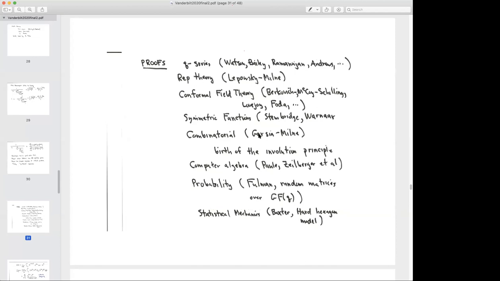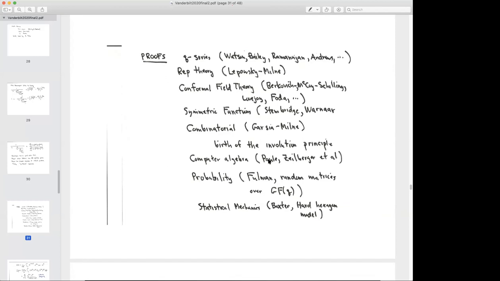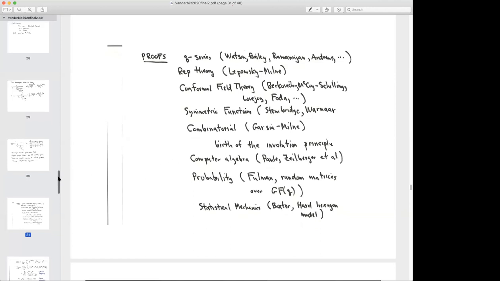There's a combinatorial proof of Garcia and Milne that was the beginning of what's called the involution principle, but it's not a direct proof. Computer algebra proofs, probability proofs, random matrices over a finite field, statistical mechanics proofs. There's more. There's knot theory proofs.